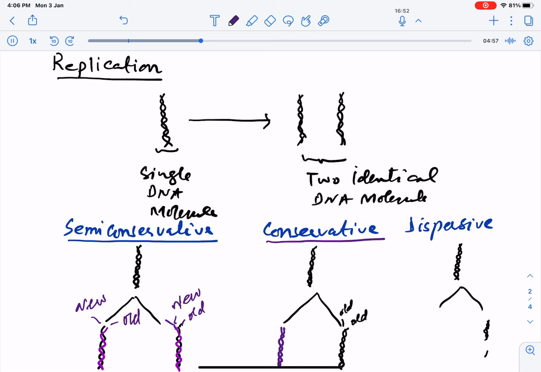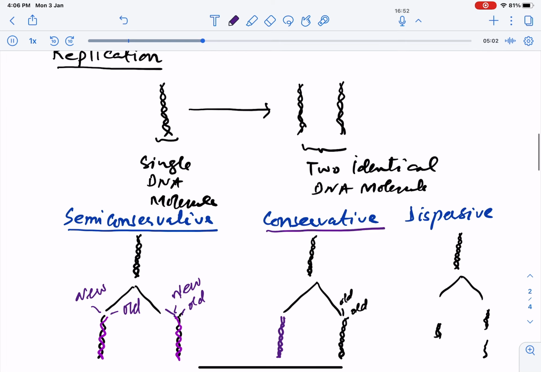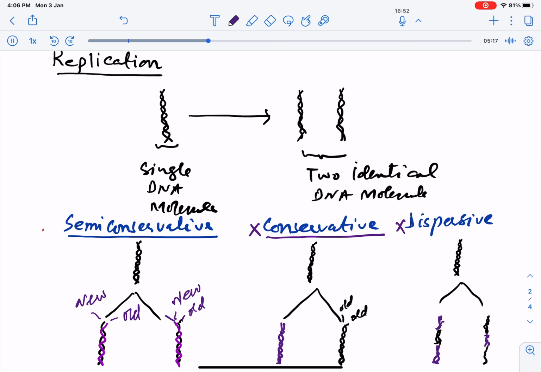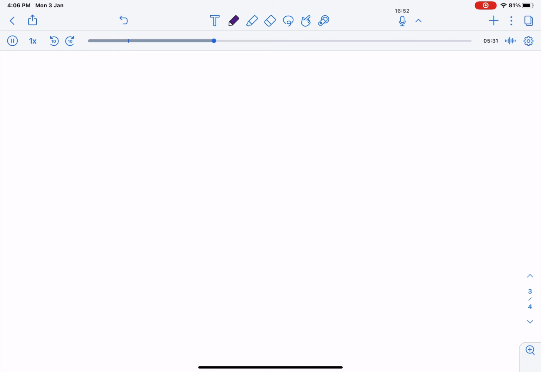It was later proven that DNA does not replicate by conservative and dispersive methods. It was proven that DNA replicates by semi-conservative replication. So let's see semi-conservative replication and the role of enzymes in semi-conservative replication.